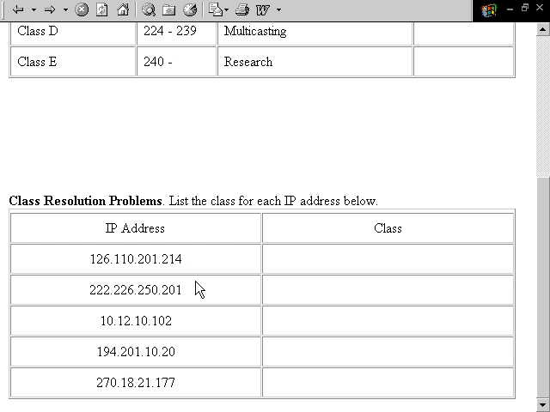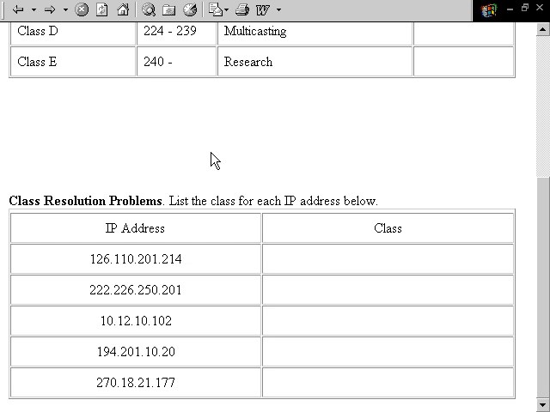What I'd like you to do when this video is over is go to a folder on your CD that's called Stuff. If you go into that folder, there is a document that you can bring up with your web browser, and it's labeled 01 IP address classes.